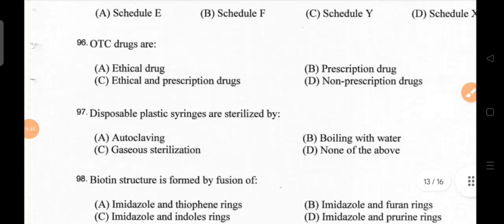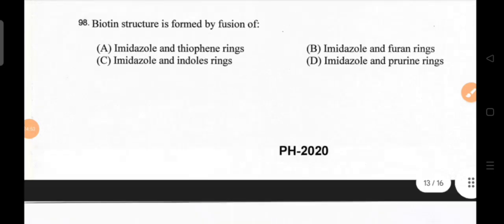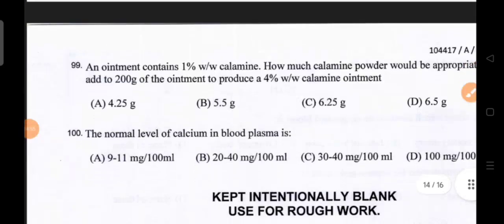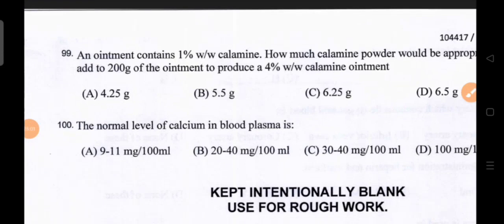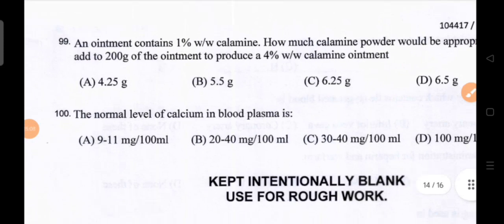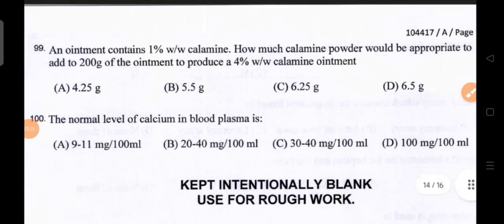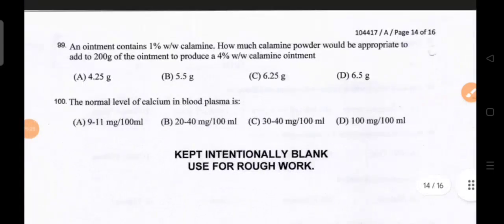Next, coming towards question number 100. What is the normal level of calcium in blood plasma? Options are A 9 to 11 mg per 100 ml, B 20 to 40 mg per 100 ml, C 30 to 40 mg per 100 ml, and D 100 mg per 100 ml.